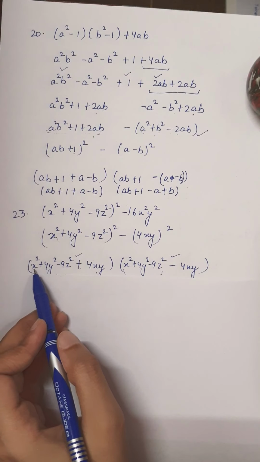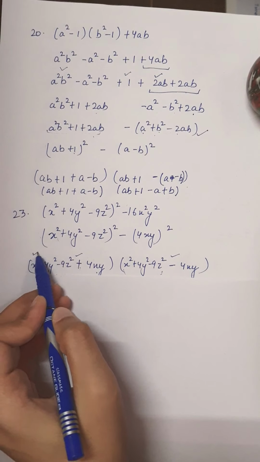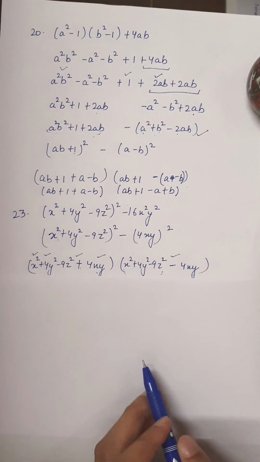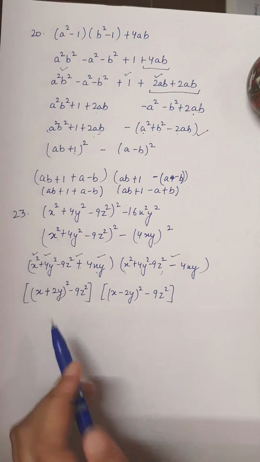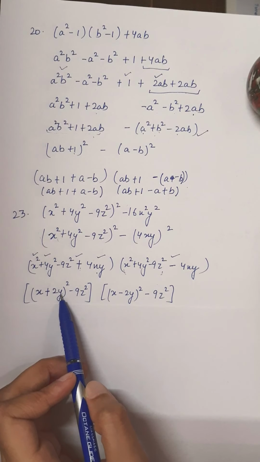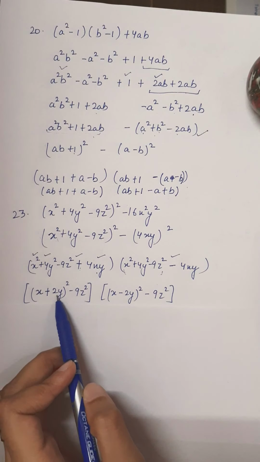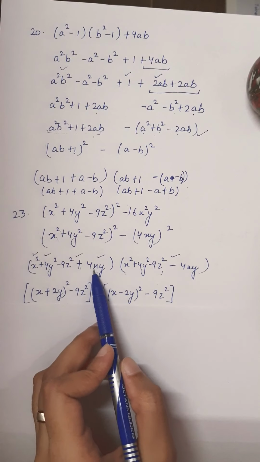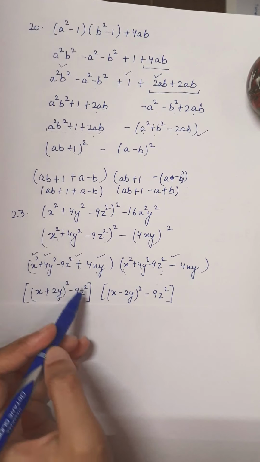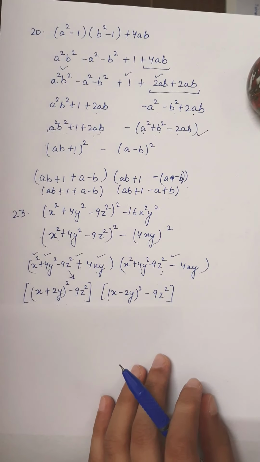Now if you can see, this and this is making a perfect square of (x plus 2y) whole square: x square, 4y square plus 4xy, and this I have copied down as it is.